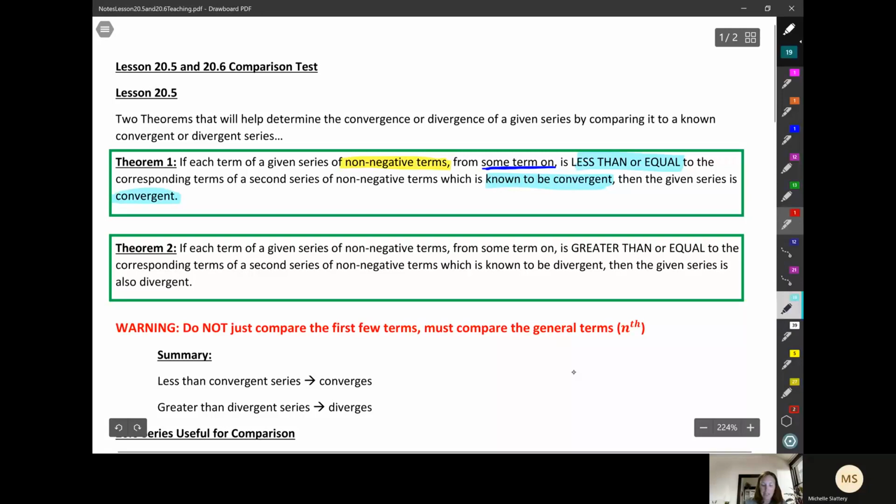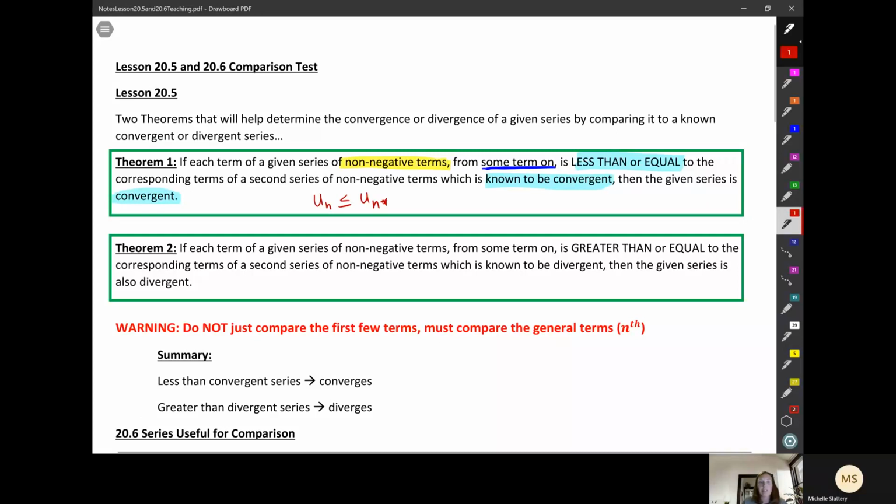So kind of what that means with the series that we're looking at, since we're talking about the term, it says from some term on, we're going to be comparing the u sub n values. So that would mean that u sub n would be less than or equal to some u sub n star, I'll call it.